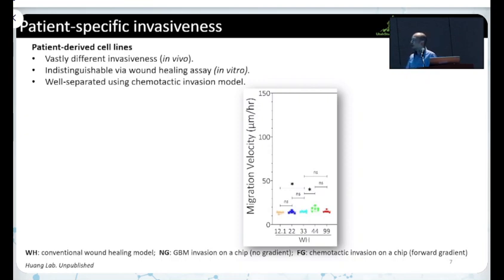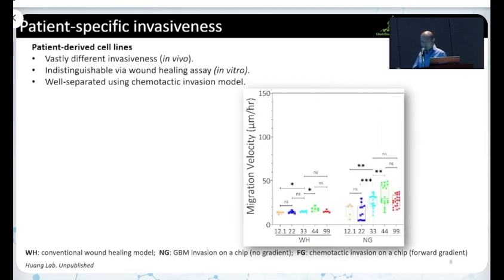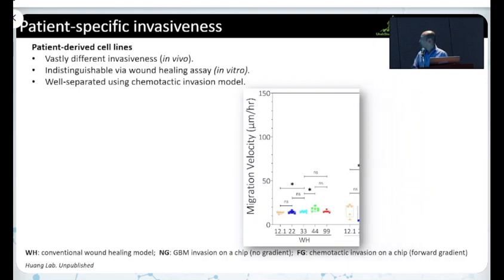One of the challenges with the GBM model is that it does not differentiate very well between different cell lines, even though different cell lines have different capabilities to invade into normal tissues. For example, here we have cell line 12.01 to cell line 99.